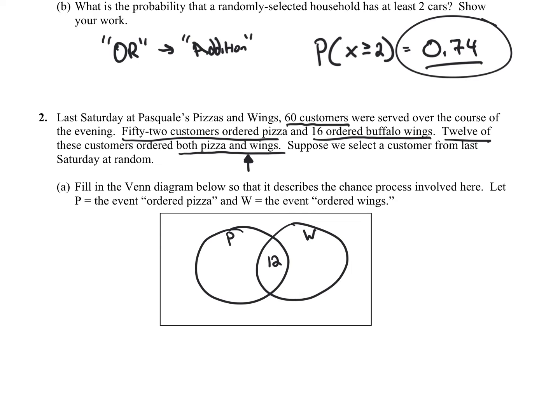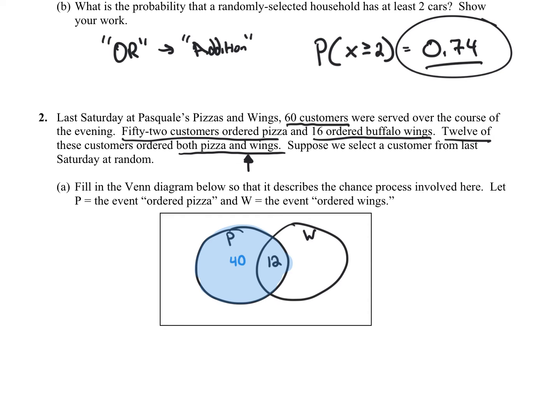Now let's define the 52 customers who ordered pizza. I'm going to put a 40 here. Why am I doing that? Because pizza should be 52 total, and 40 happen to be just pizza people, but 12 did pizza and wings.